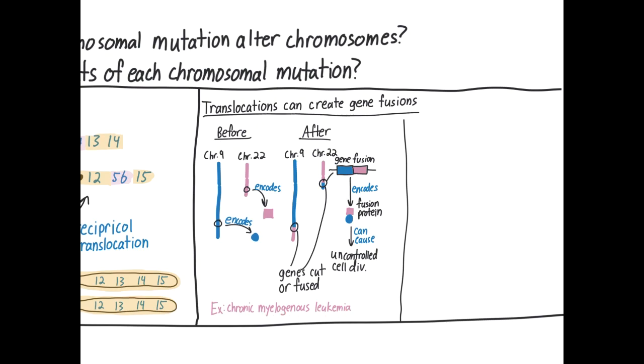Recall that if this particular translocation occurs, part of a gene from chromosome 9 is fused to part of a gene on chromosome 22, creating a fusion gene that encodes a fusion protein, which in turn can cause uncontrolled cell division. Although we didn't mention it on the last page, inversion can also potentially create gene fusions, since it also involves the movement of genes to different loci.